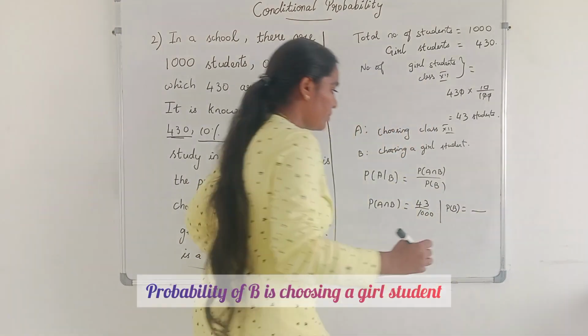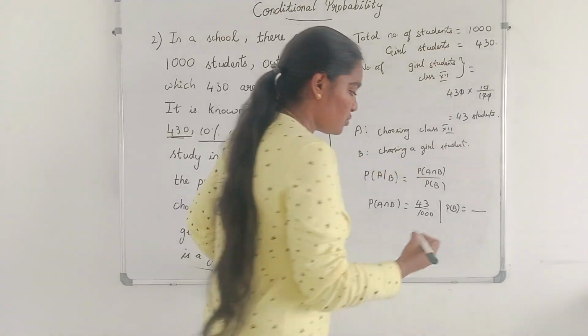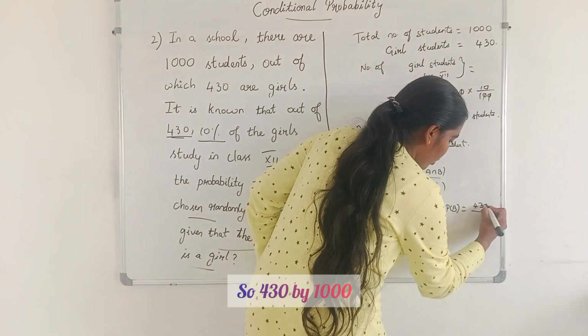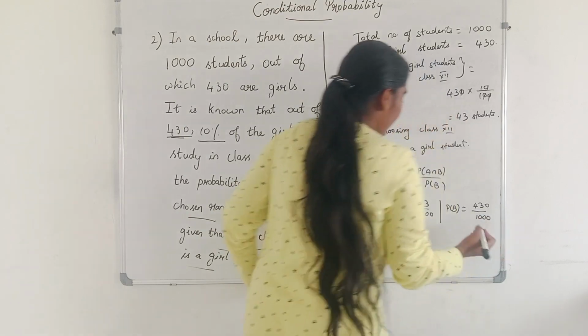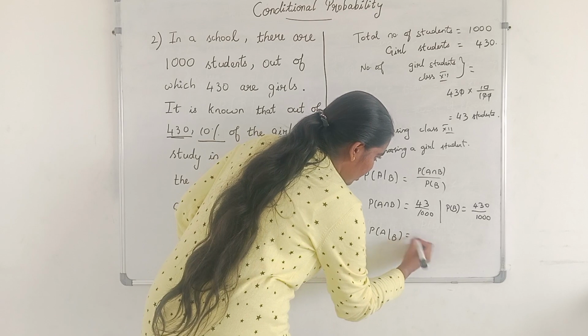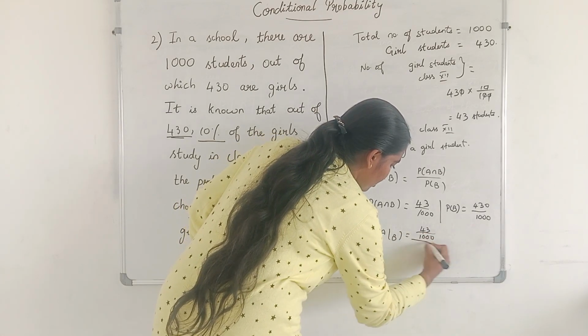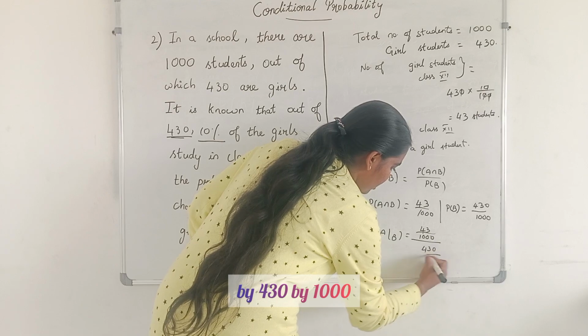And here probability of B is choosing a girl student. So, out of 1000, 430 students are girl students. So, 430 by 1000. Next, apply this in the given formula. A given B equals 43 by 1000 divided by 430 by 1000.